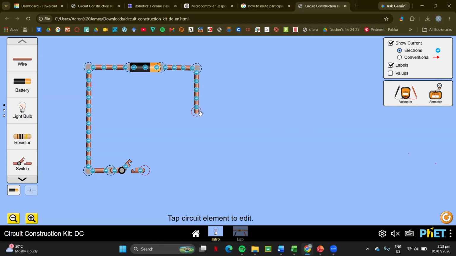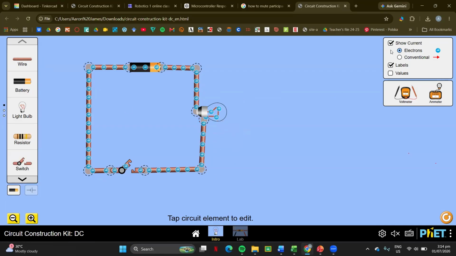And then I will bend this wire a little bit. This is my light bulb. So I will be transforming my electrical energy to light. And then I will close the loop here.